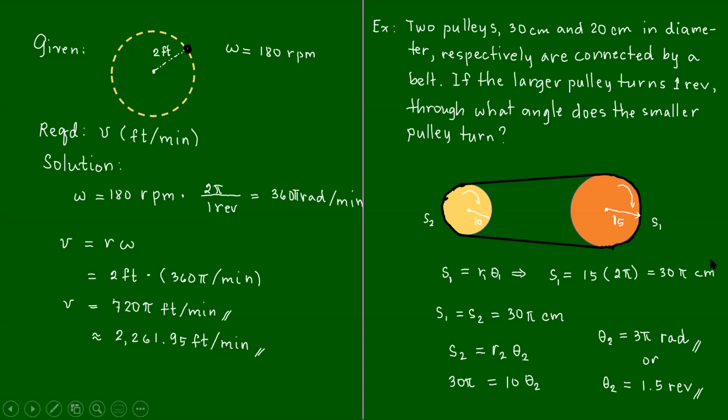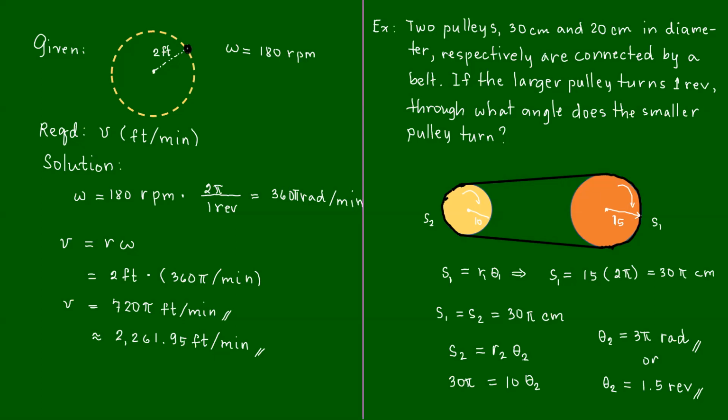If you have a point on the smaller circle and another point on the bigger circle, since they move at the same time, whatever distance is traveled by a point on the smaller circle is the same distance traveled by a point on the bigger circle. So the arc length made by a point on the smaller circle is equal to the arc length made by the point on the bigger circle.